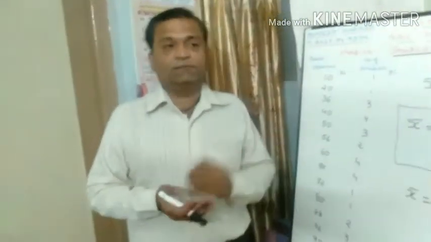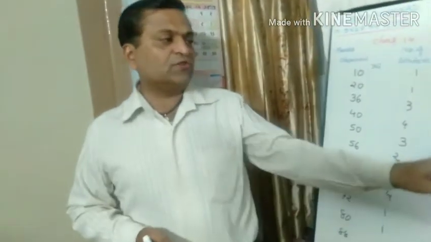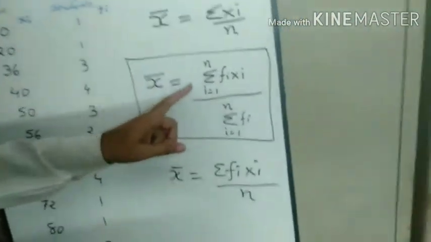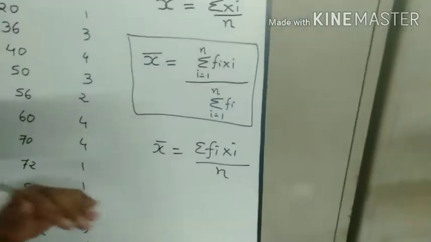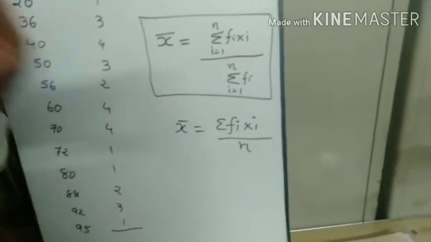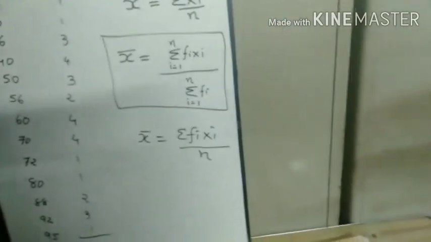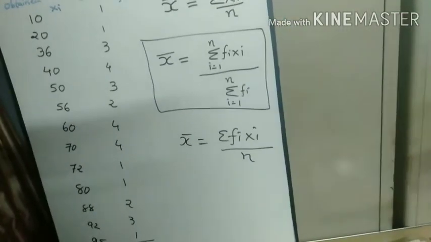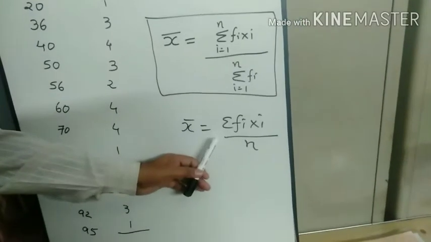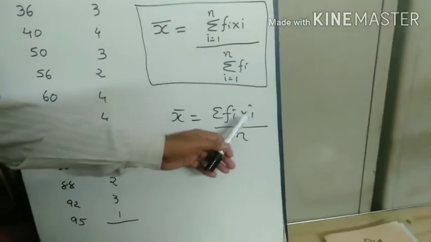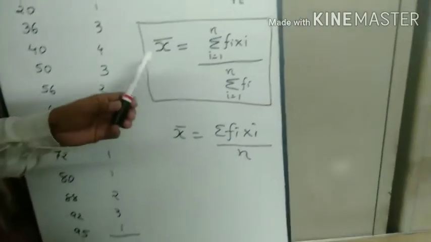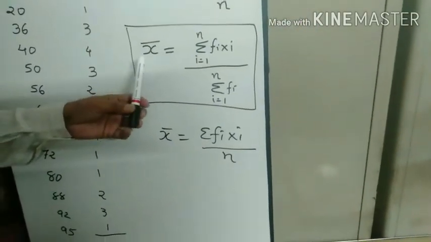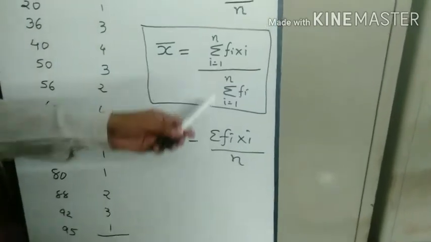Many years ago, when I was teaching statistics, the equation was like this: i is equal to 1 to n, we were specifying. But after that, in many textbooks, we have studied like that: x bar is equal to sigma fi xi upon n. And now, in the NCERT book, again, we are having this equation. Both are the same.